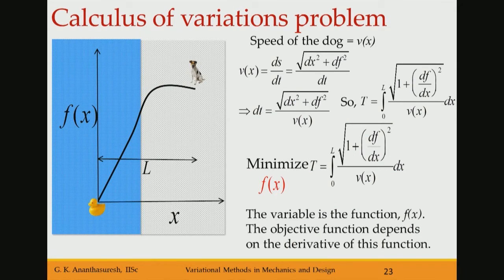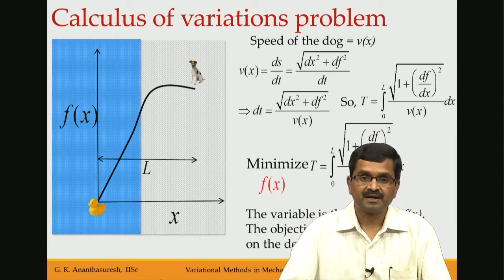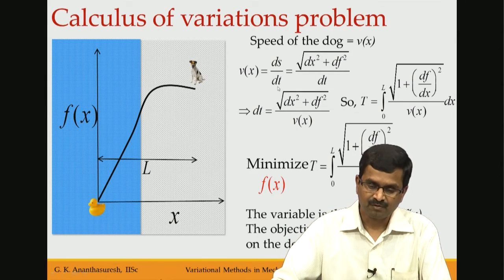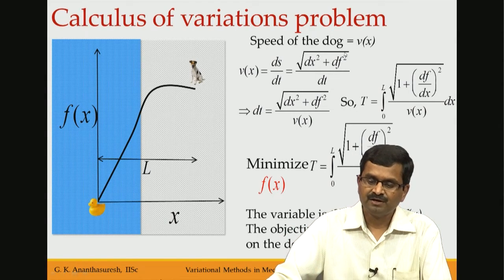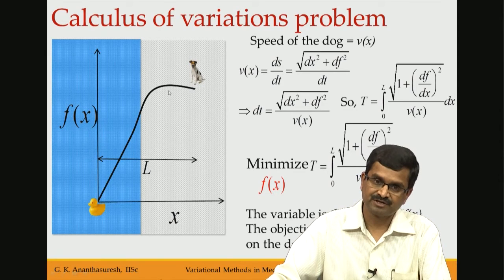If I put it mathematically, like I said in the last lecture, optimization is mathematical, everything is analytical. We call it analytical mechanics or analytical dynamics. Optimization is very analytical, we can pose problems mathematically. For this, if I denote the speed of the dog as V(x), that is as a function of x, at different values of x it has different speeds.